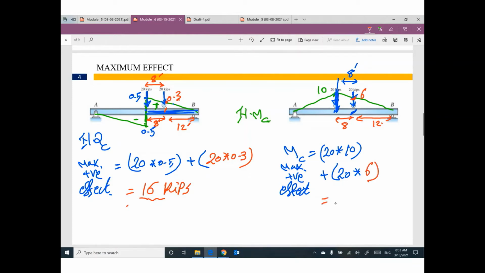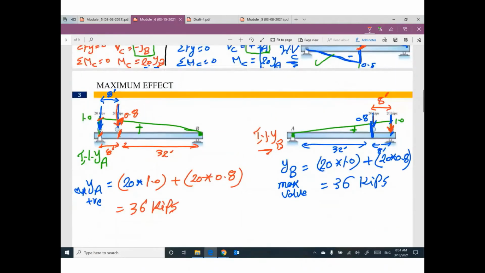So we have 320 kip-feet. So we have maximum effect of this truck on MC, maximum effect of this truck on shear at C, maximum effect of this truck on reaction YB, maximum effect of this truck on reaction YA.